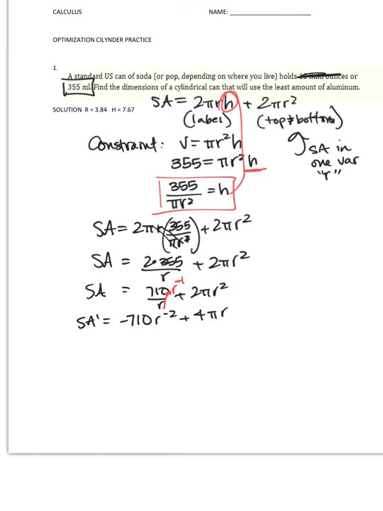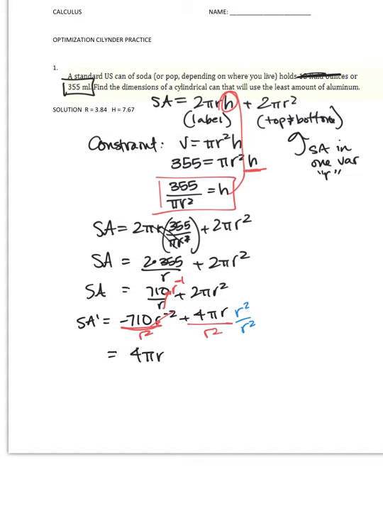And again, you guys, remember when this is negative, we can move it down to the denominator. And what we want to have happen here is to have both terms have a common denominator of r squared. So in order to do that, we have to multiply the top and the bottom by r squared.